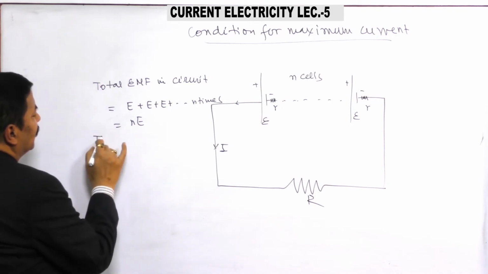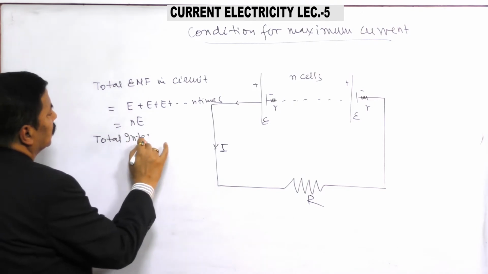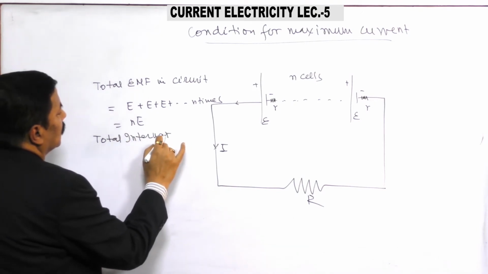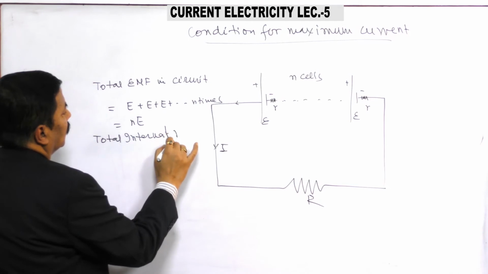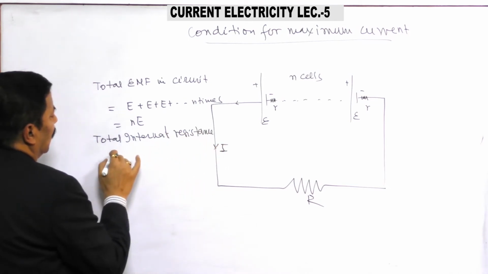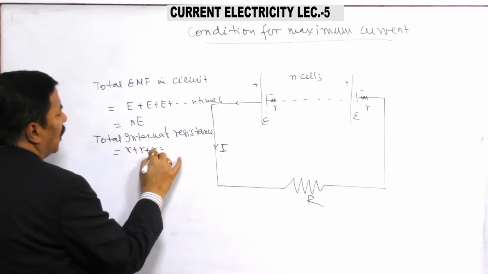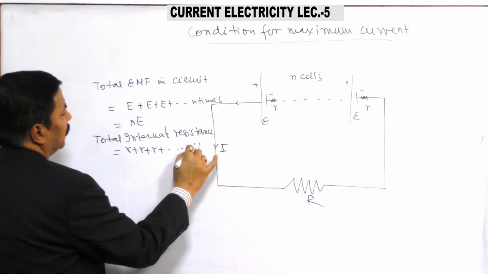Total internal resistance is equal to r, n times, so nr.